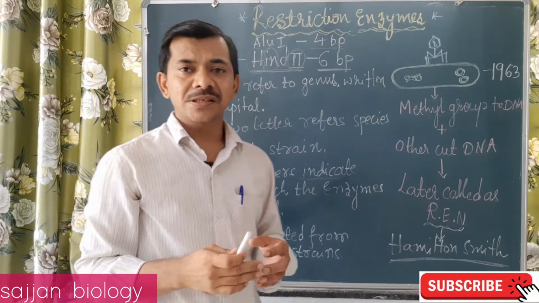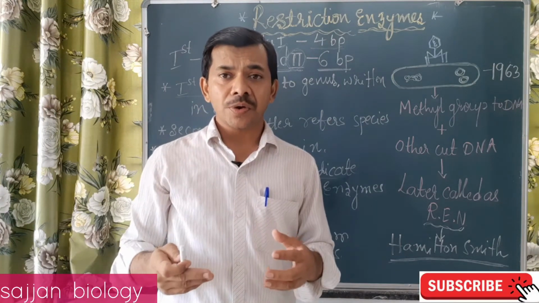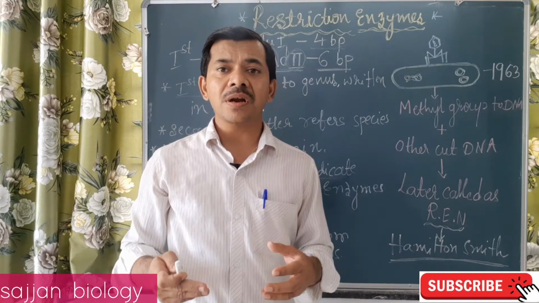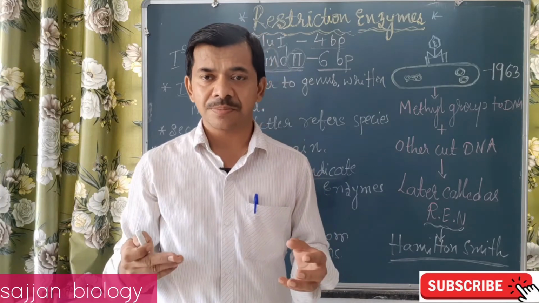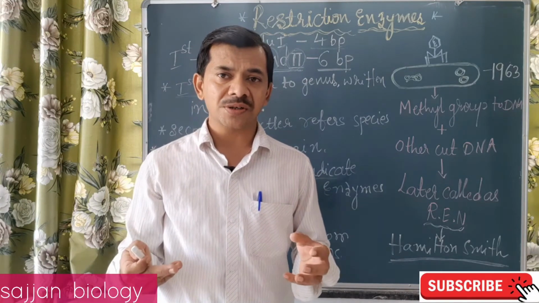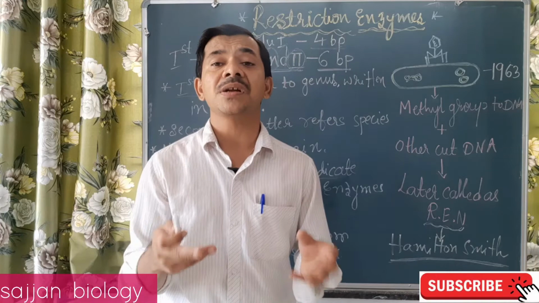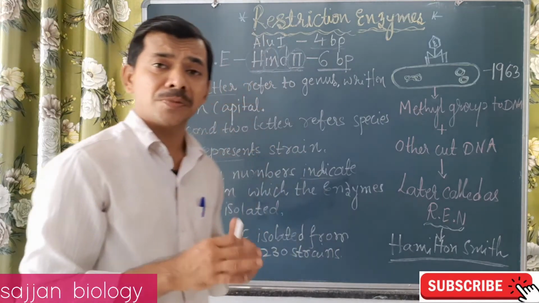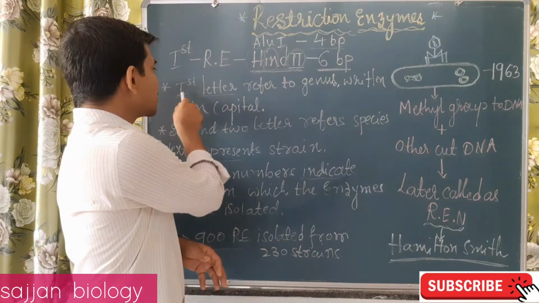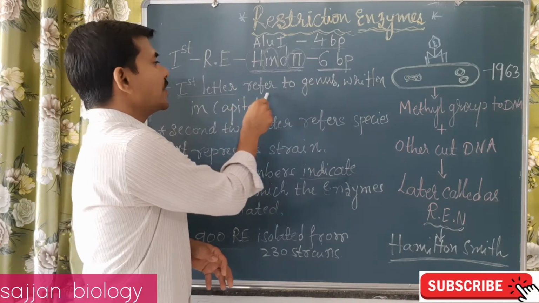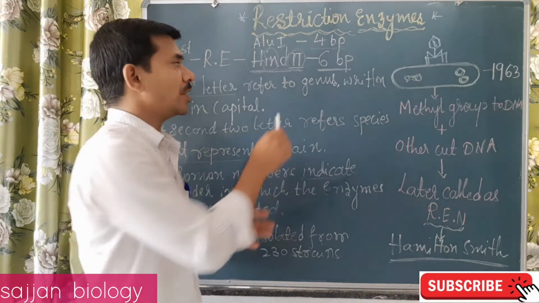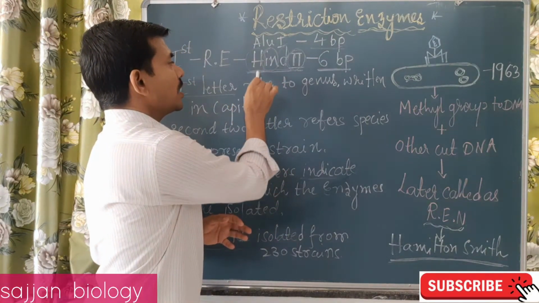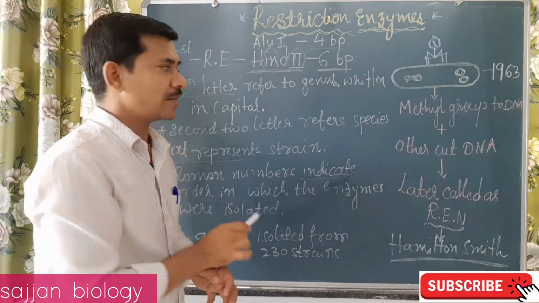Let us discuss that restriction endonucleases follow certain principles. The naming of restriction endonucleases is based on certain principles. The first letter refers to the genus and is written in capital letter.